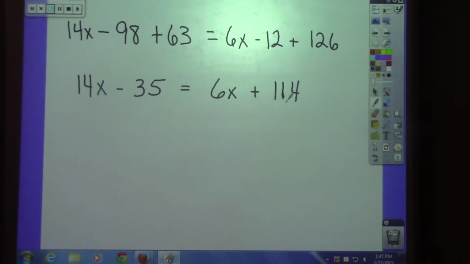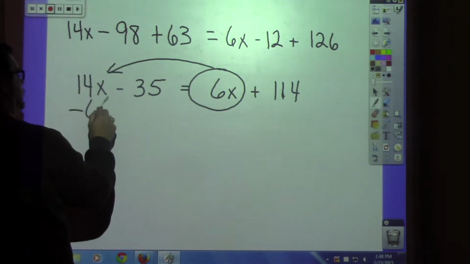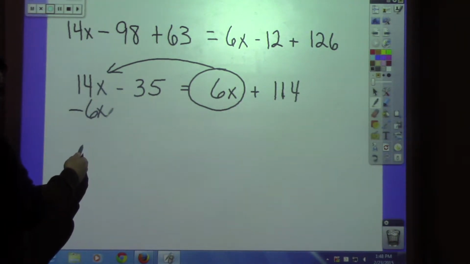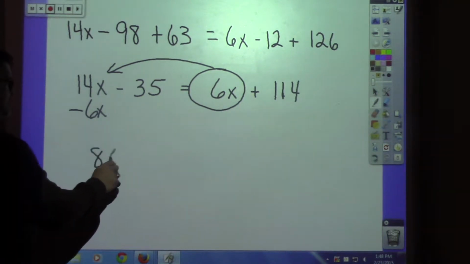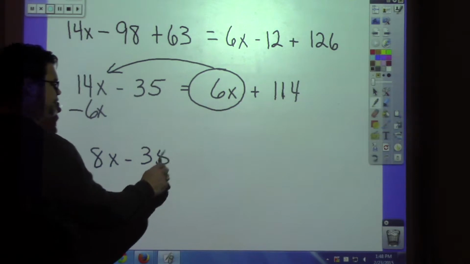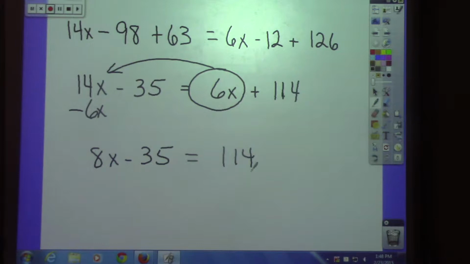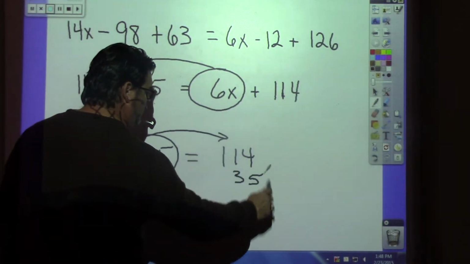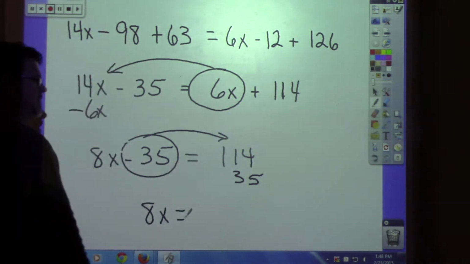All right. So which one's the smallest bucket? That gives us 8x minus 35 is equal to 114. 35 goes across the river. 8x is equal to 149.